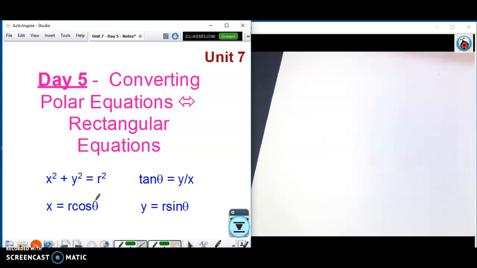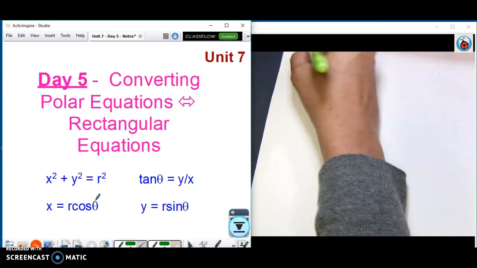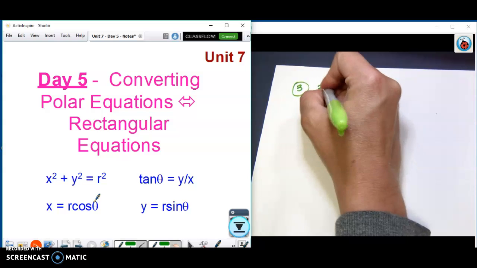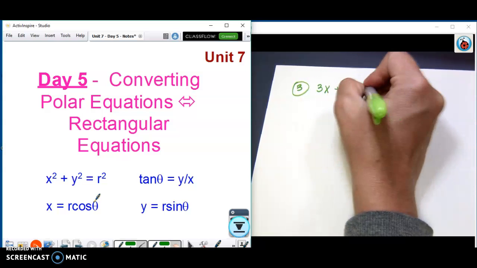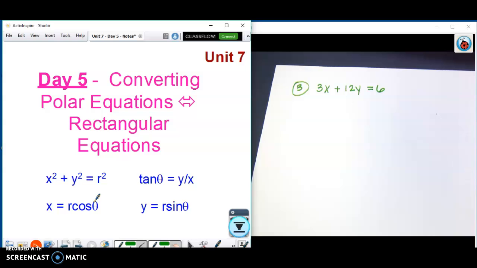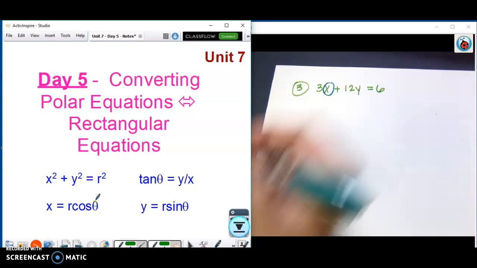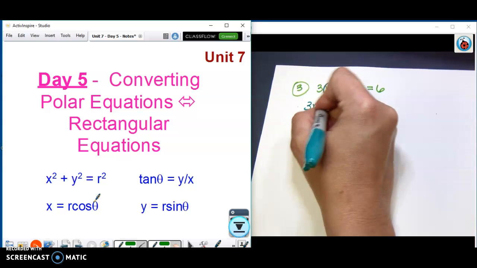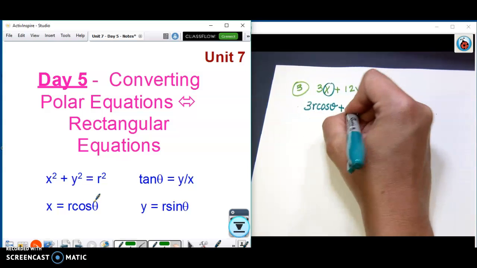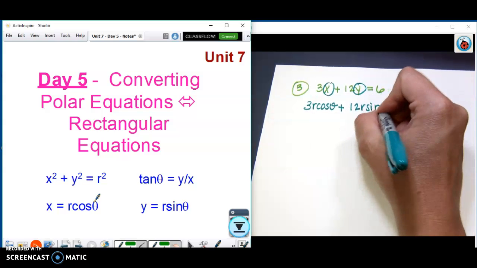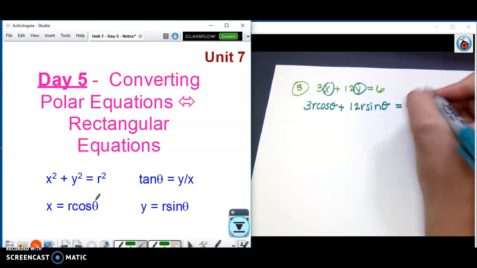Alright, so we just have 2 more. For number 3, we have 3x plus 12y equals 6. Same exact steps. We're going to replace this x with r cosine theta. We have 12. We're going to replace the y with our r sine theta. And it's equal to 6.